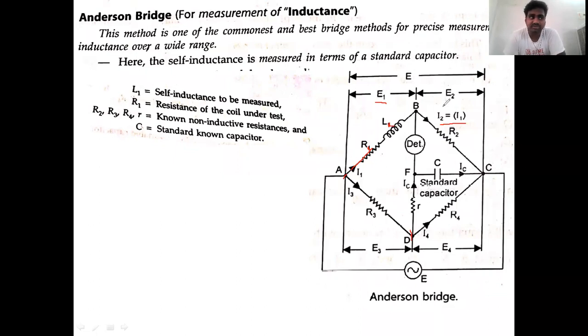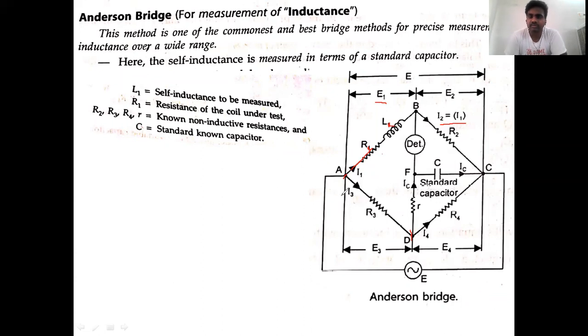The voltage drop across the second path is E2, and the current flowing is I2. The voltage drop across the third path is E3, and the current flowing is I3, and the voltage drop across the fourth path is E4, and the current flowing is I4.